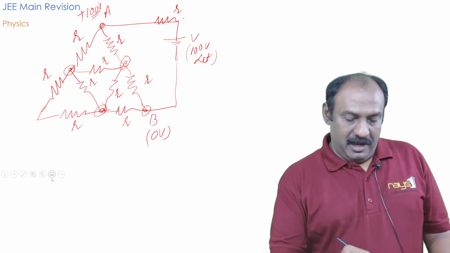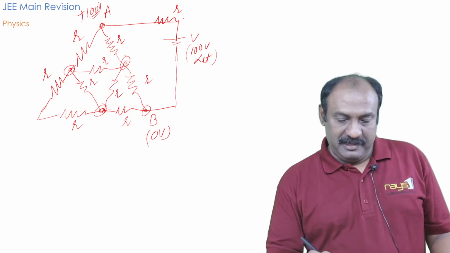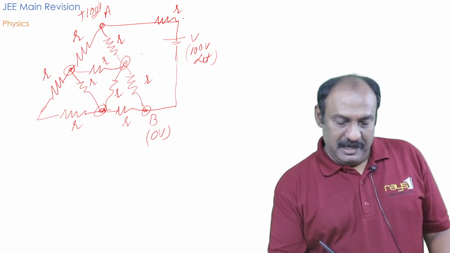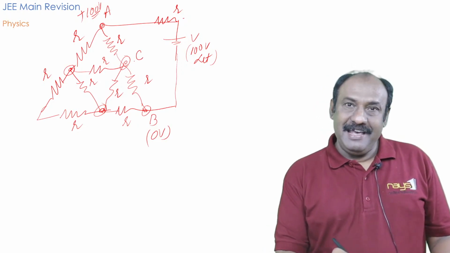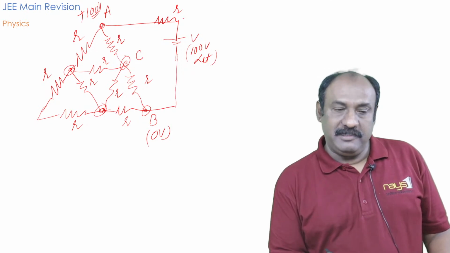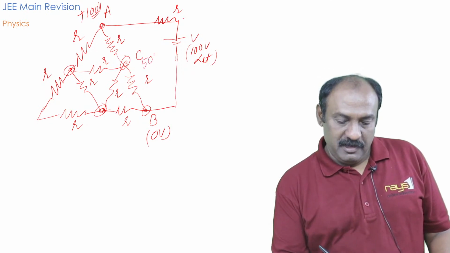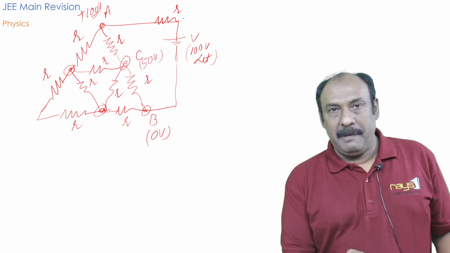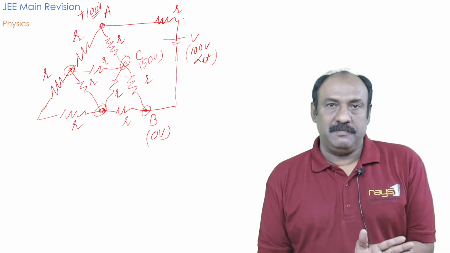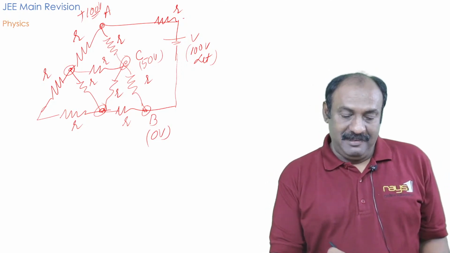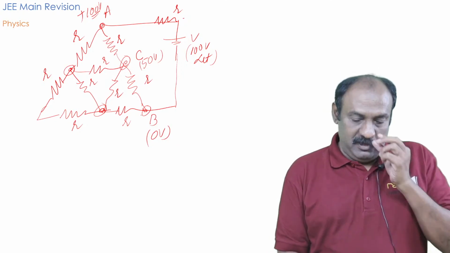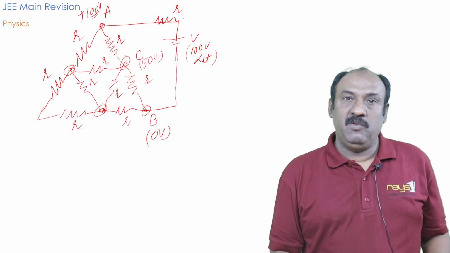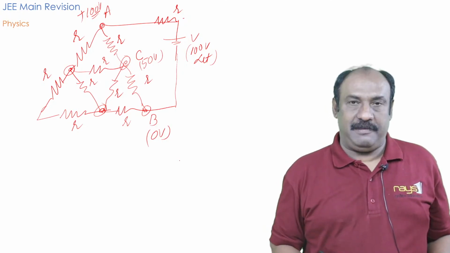Now along the path ACB, forgetting about the remaining circuit, the voltage at A is 100 volt and at B is 0 volt, so compulsorily the voltage at point C must be 50 volt.